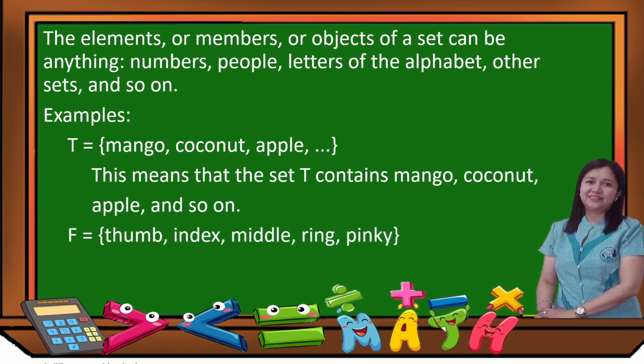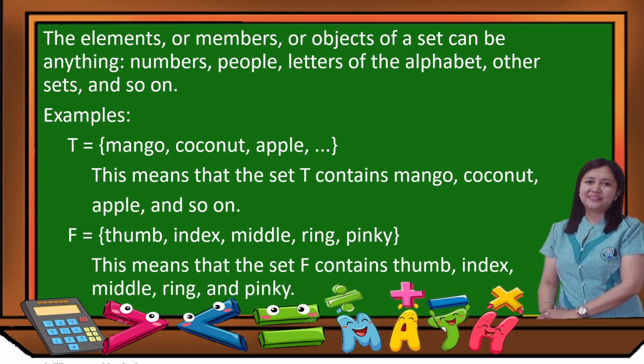How about set F? Thumb, index, middle, ring, pinky. So this means that the set F contains thumb, index, middle, ring, and pinky. Do you know what are they?